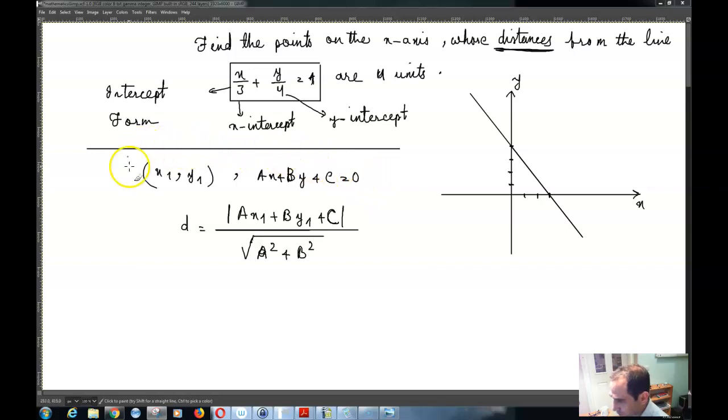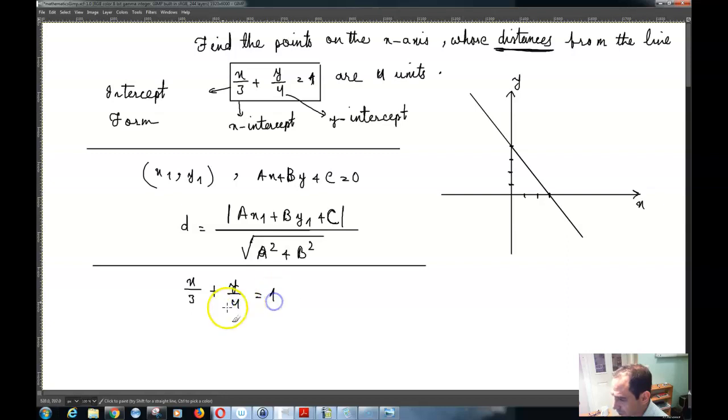So in this formula, I need a point x1, y1 and a line in this format. So I take my line over here, write that x divided by 3 plus y divided by 4 is equal to 1. Since I want to have it in this form, I multiply the line by 12. So I get 12x by 3 plus 12y by 4 is equal to 12.